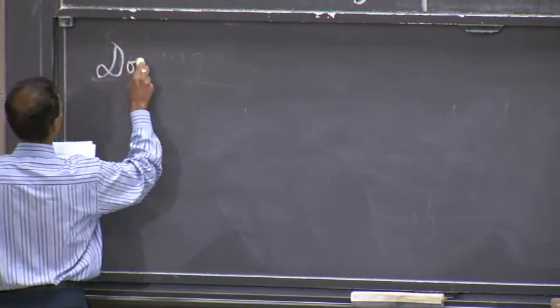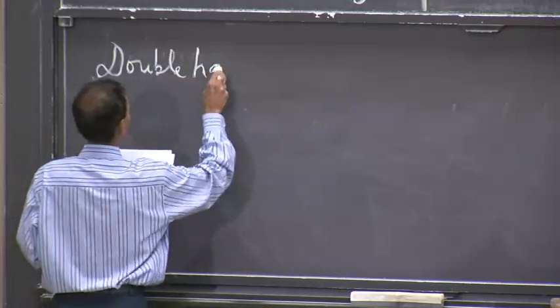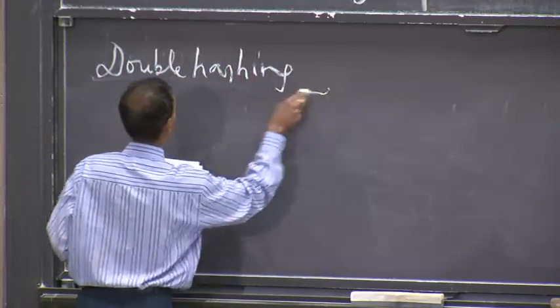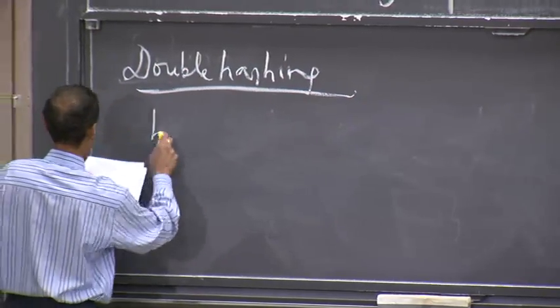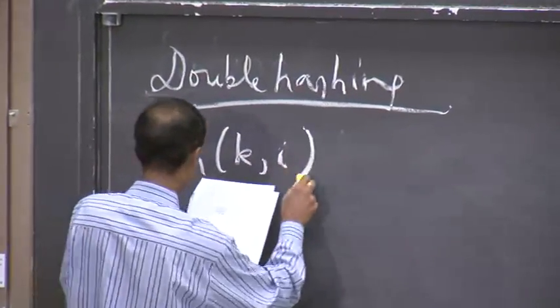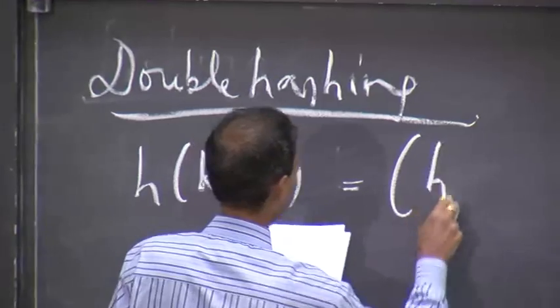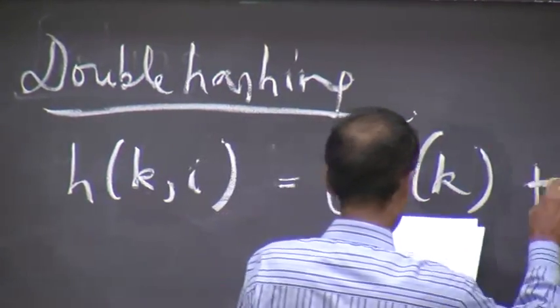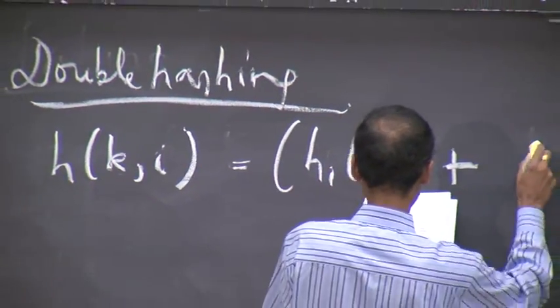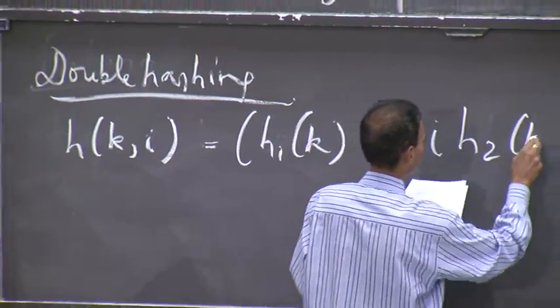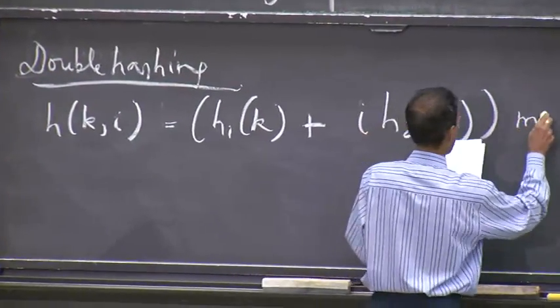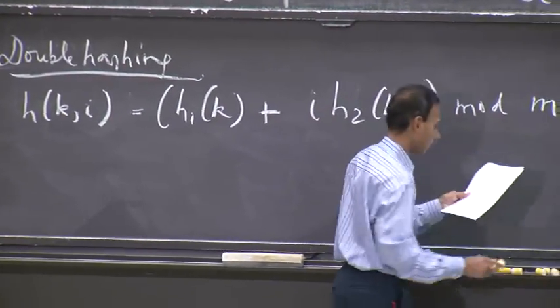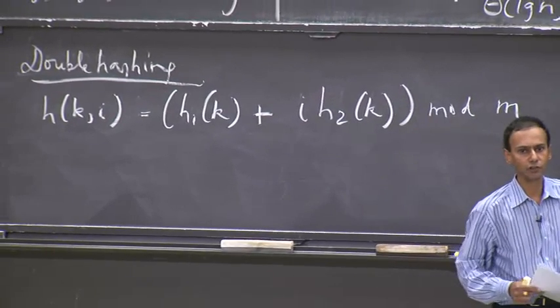So the notion of double hashing is that you have h(k, i) equals h1(k) plus i times h2(k), mod m. And h1 and h2 are just ordinary hash functions.